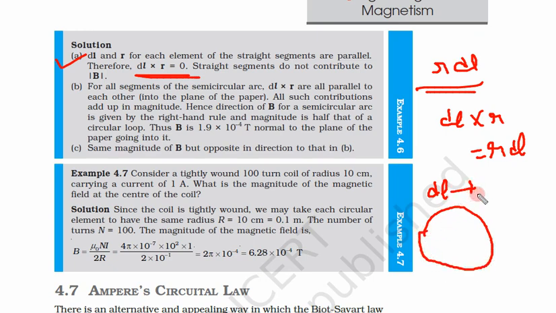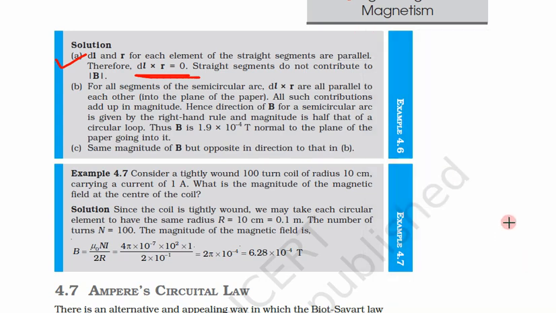For a full loop, the length is 2 pi r, but for a half loop it is only pi r. That means the contribution to the magnetic field from this semicircular loop is half of the full loop.